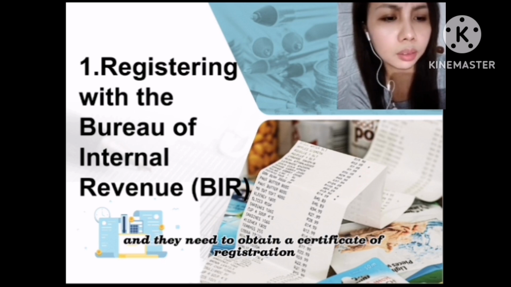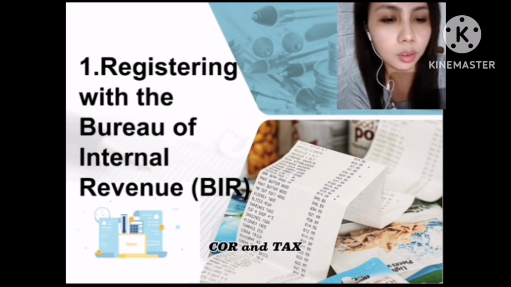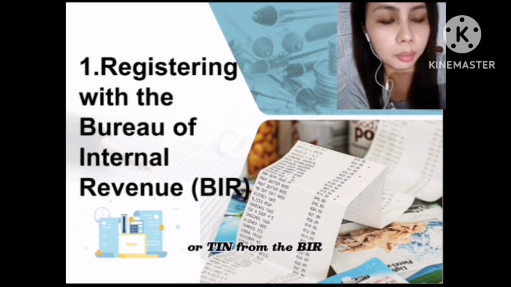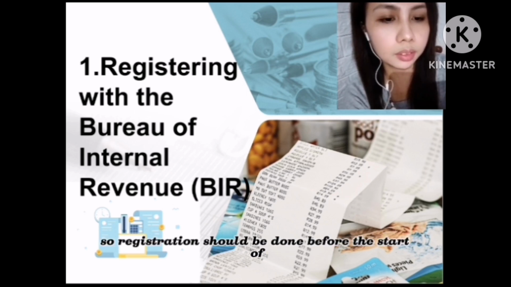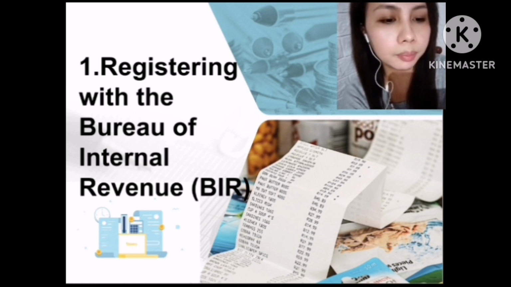And they need to obtain a certificate of registration or COR and a taxpayer identification number or TIN from the BIR. So registration should be done before the start of the business or practice.